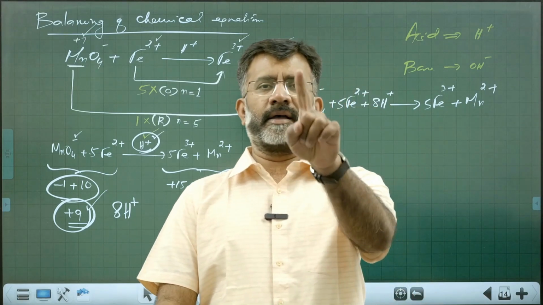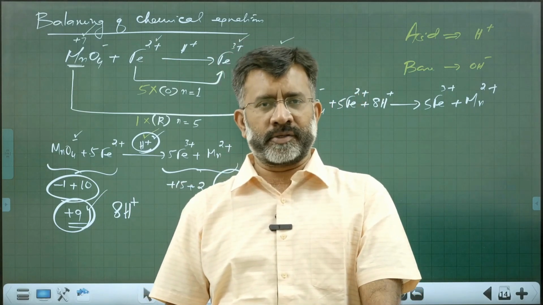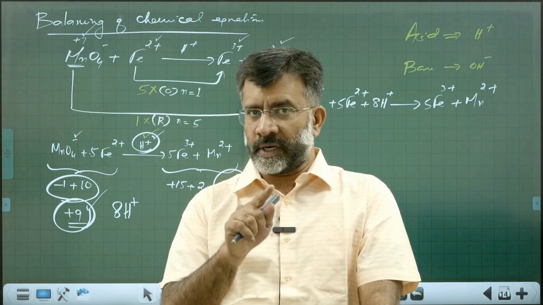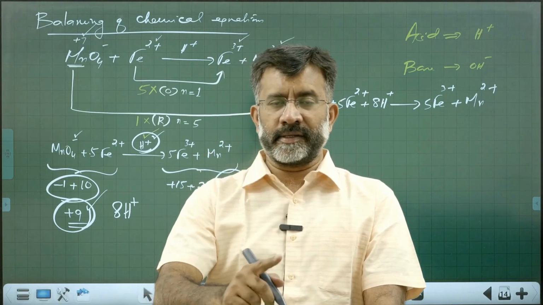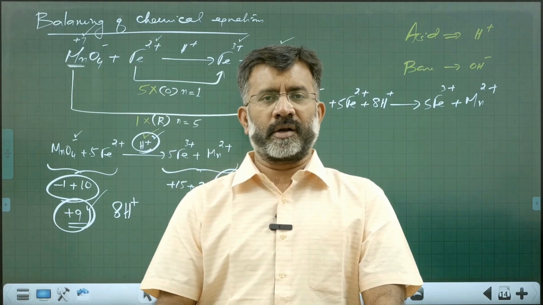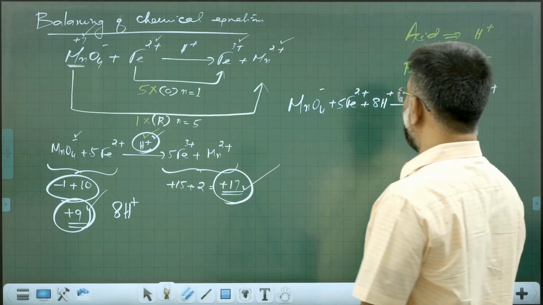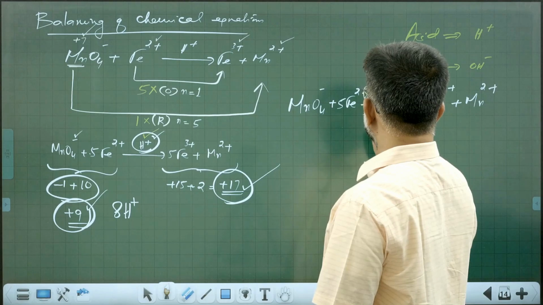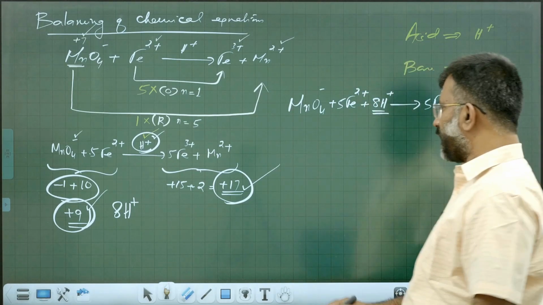And now the last step, balancing of hydrogen or oxygen. If you balance hydrogen, automatically oxygen is balanced. If you balance oxygen, automatically hydrogen is balanced. Right? See how to balance it. Here we have 8 hydrogen and on the right hand side we don't have any hydrogen.